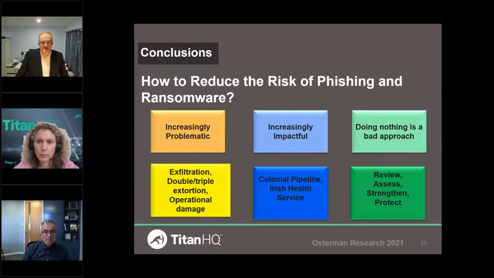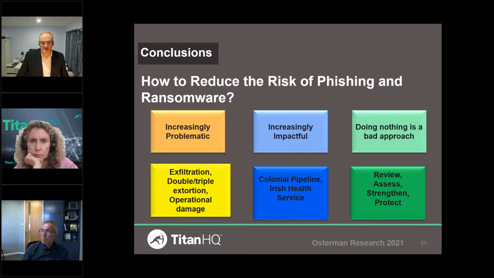We've seen increasingly impactful attacks, the Colonial Pipeline attack in May that disrupted a huge percentage of the fuel availability on the east coast of the United States. The Irish Health Service, I don't have that one here, but there's also, as I said, a health organization down here in New Zealand that's still struggling to deal with a ransomware attack that happened around the same time as the Irish Health one.